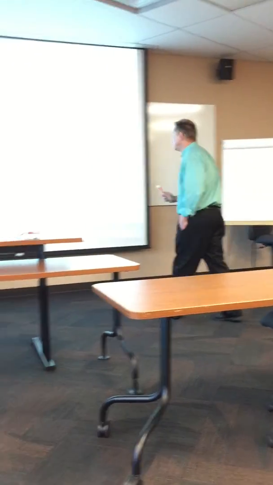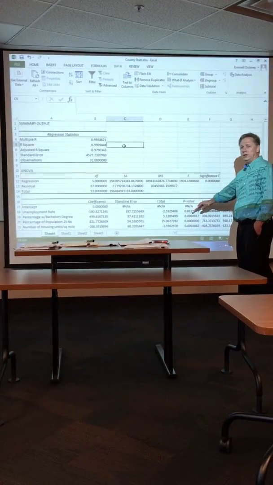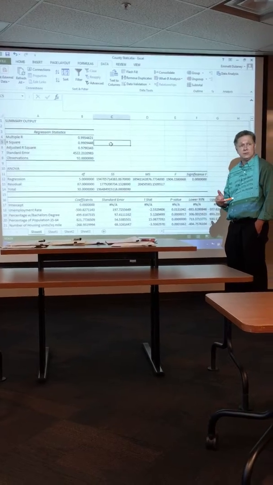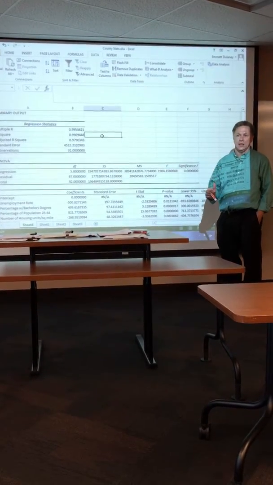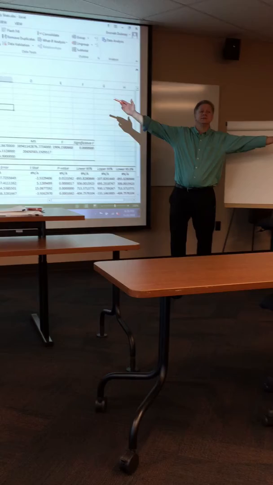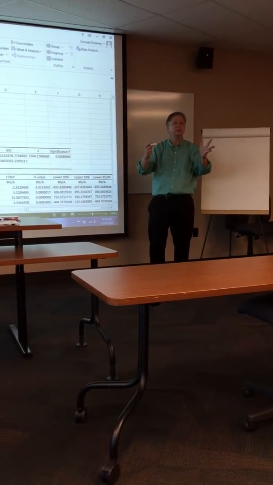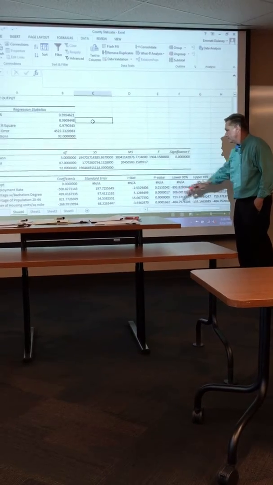So I look at my first one and I say unemployment rate, 0.01. That is statistically significant. If it was 0.049999, it would be statistically significant. You don't look at it and say, well, it's 0.01, so it's really significant. No. If it's below 0.05, that's all that matters. So here, that is statistically significant.